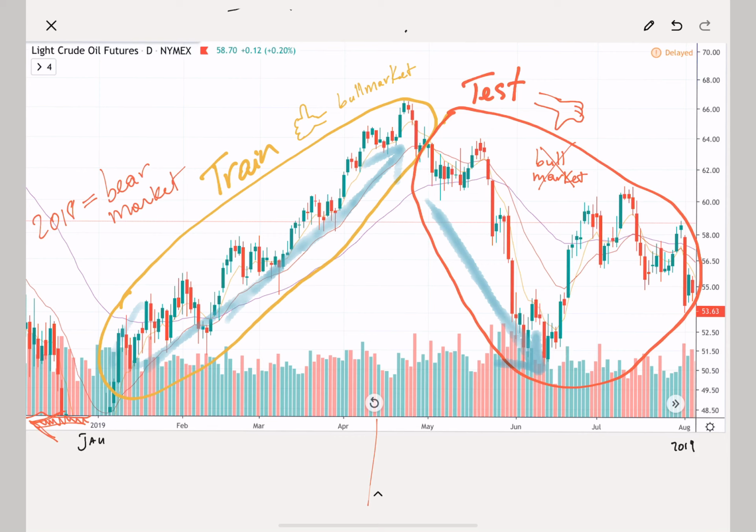The price seems to go down here, and the moving average also goes down. So you might say, okay, maybe I want to use the 2018 data as well to train my model, so that your model is trained on a bear market and on a bull market, and then you can test it on a bear market.